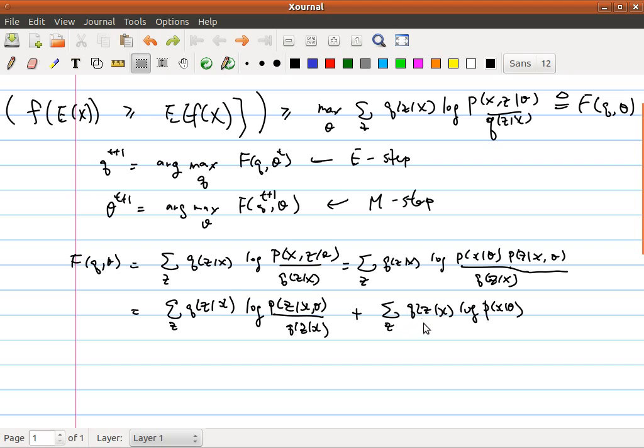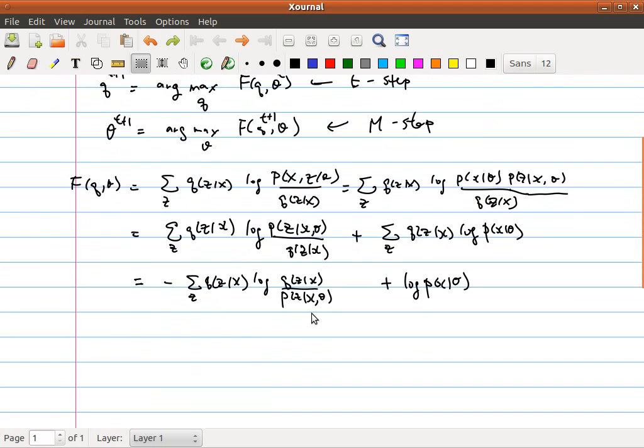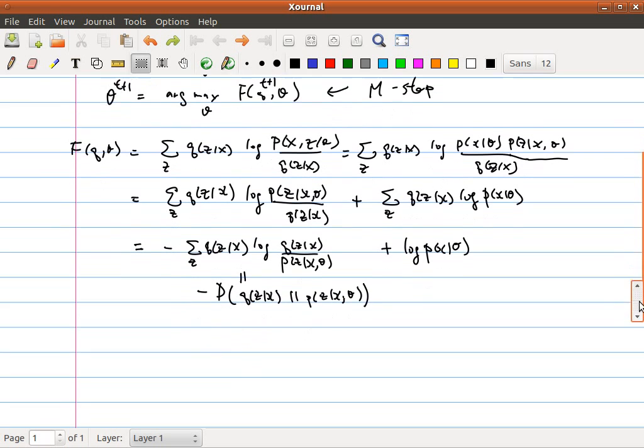So this is just equal to log p(x given θ). For the first term, I flip the numerator and denominator and put a minus sign here. Then this is nothing but the KL divergence between Q and P, more precisely the minus KL divergence.